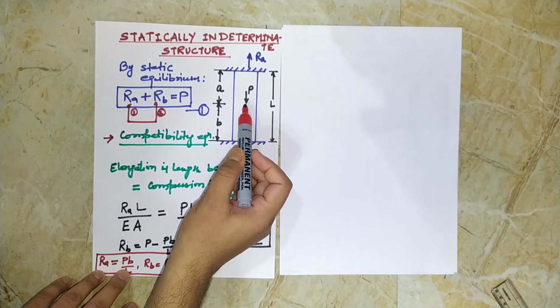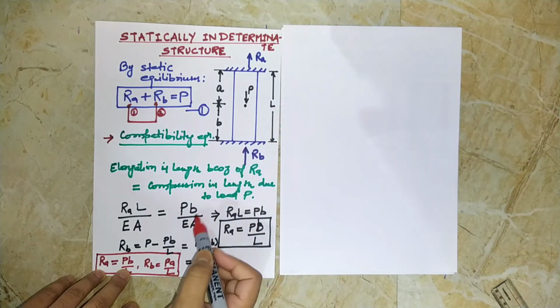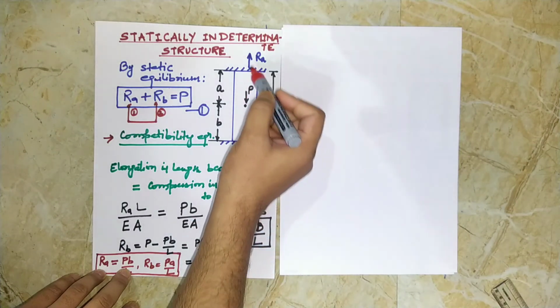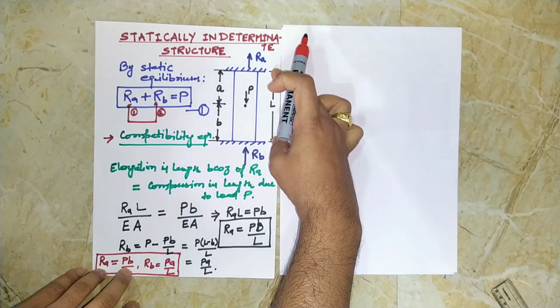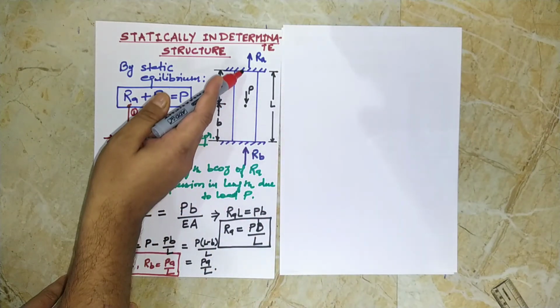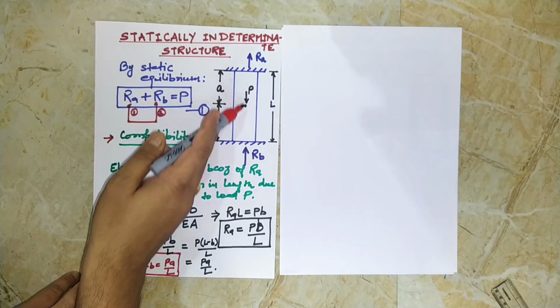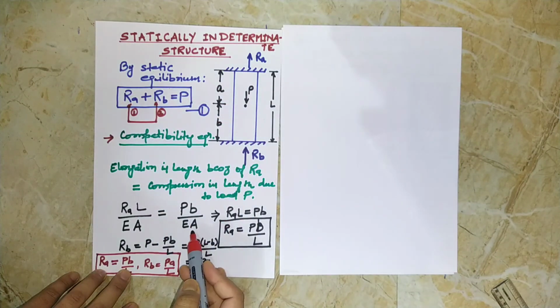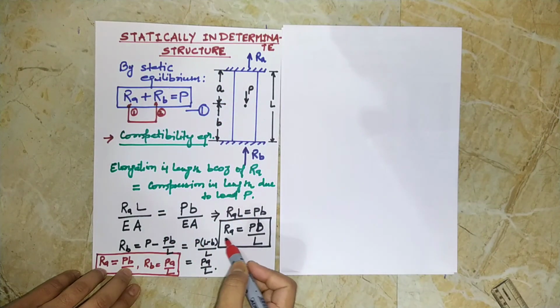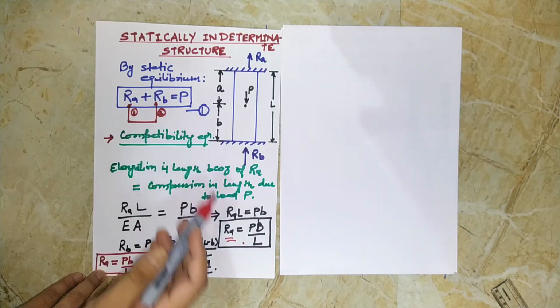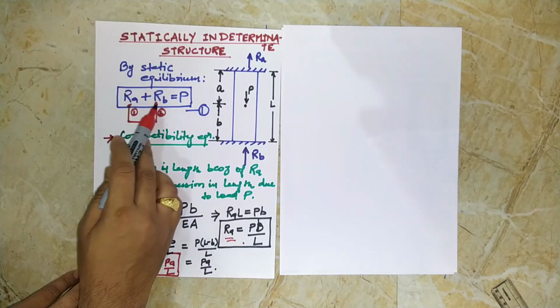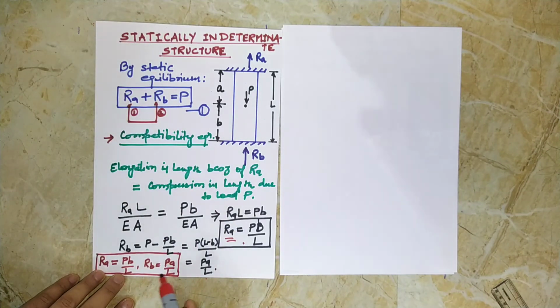Due to the load P, the compression in length will be PB by EA. Since these two act opposite to each other and the bar remains of constant length, the elongation caused by RA is equal to the compression caused by P. By equating, we found that RA is equal to PB by L, and putting this value of RA in the equilibrium equation, we found RB as PA by L. So we could find the reactions.